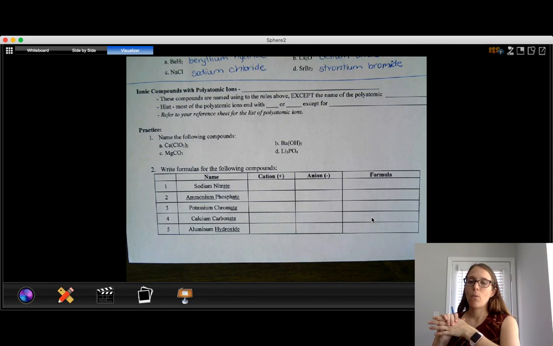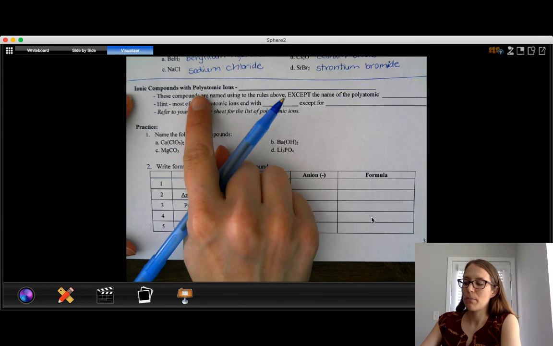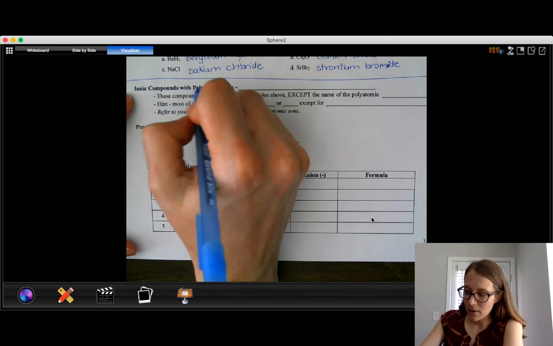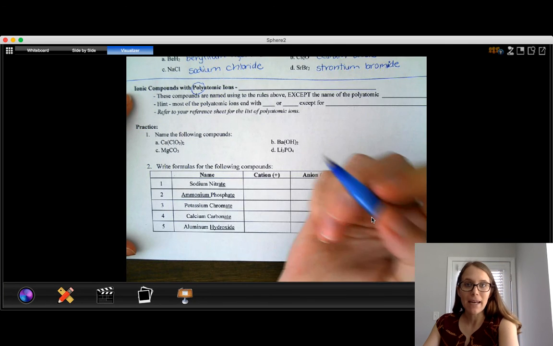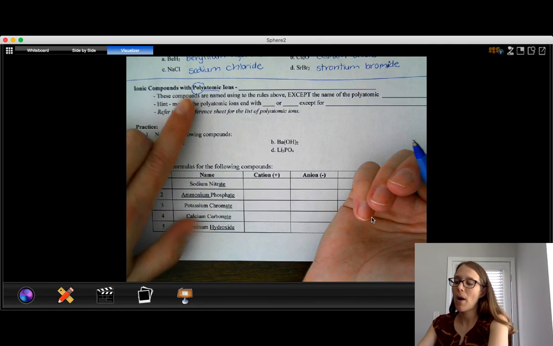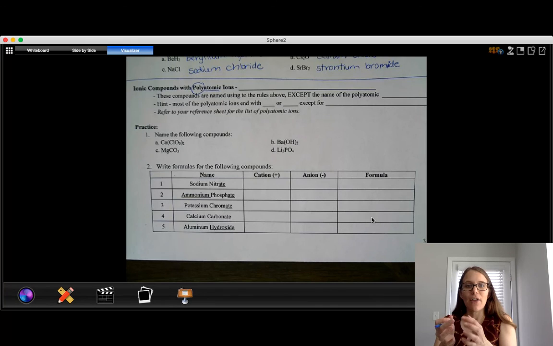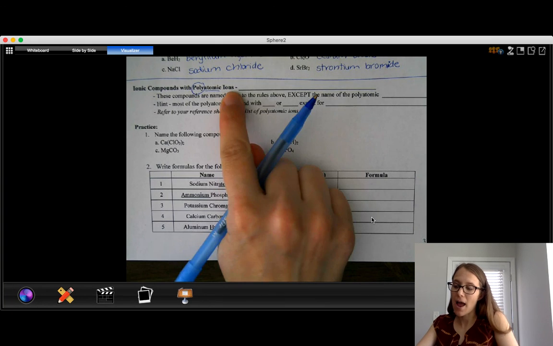All right, so the one last piece we have to throw in here is something called polyatomic ions. Poly means many, and atomic means atoms. A polyatomic ion is many atoms that, when they're together, have a charge to make an ion.